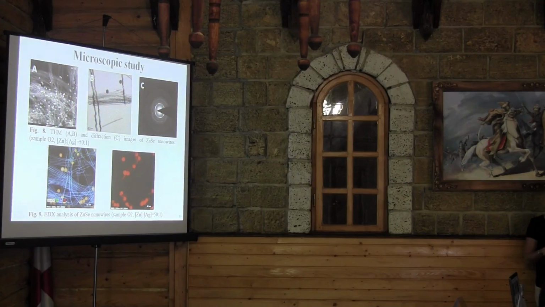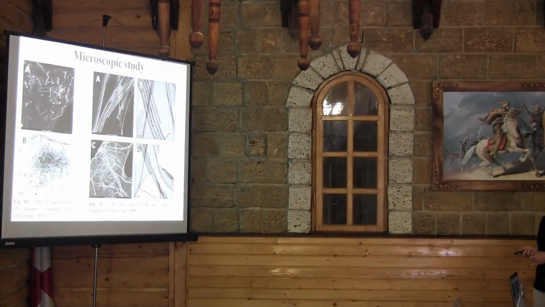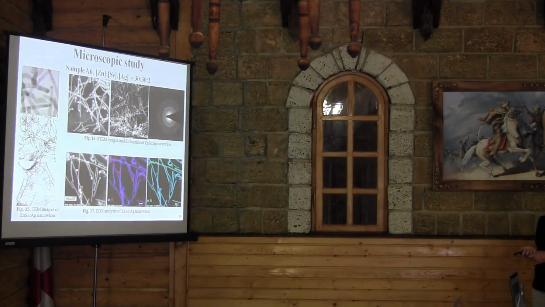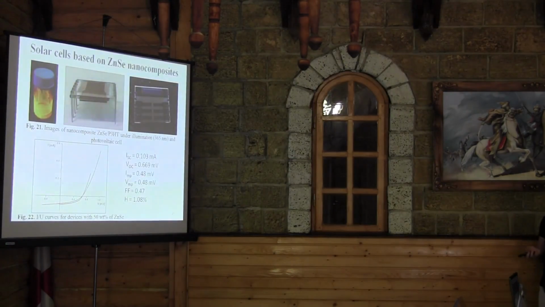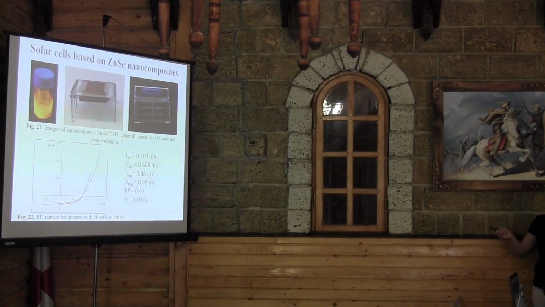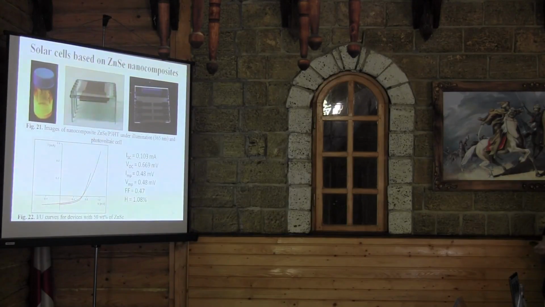Any question, please? Yes, please. What was the efficiency of your cells and how much is it improved in comparison with the initial structure without your polymer? Between pure and after doping. I have in this presentation zinc selenide, yes. The problem of this solar cell is that the zinc selenide has octadecylamine on the surface, and we need a new method of purification of these nanoparticles.